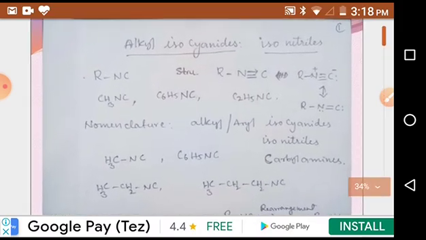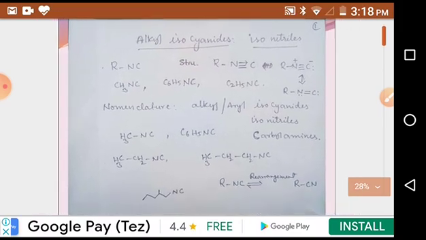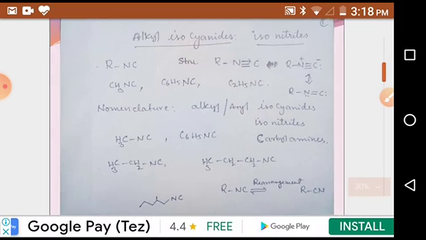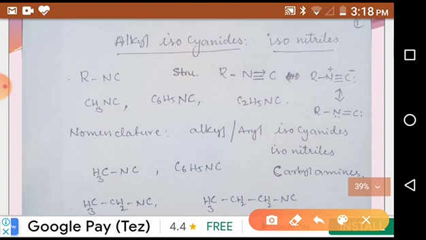Isocyanates. So far we discussed cyanates. Now we discuss isocyanates. The general formula of isocyanates is RNC. This is isomeric with cyanates. Cyanates and isocyanates are isomeric with each other; these are functional isomers.